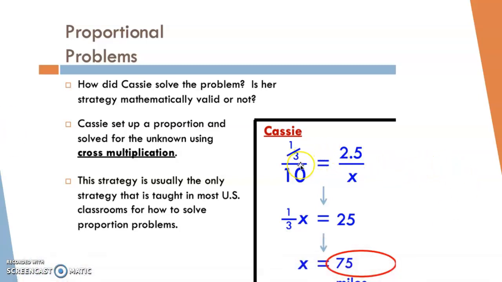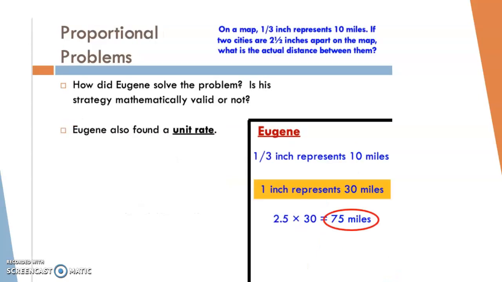So 1/3 over 10 equals 2.5 over x. So 1/3 x equals 25. So x equals 75 miles. Beginning to look a lot like algebra. Okay. Where we're finding that unknown quantity.